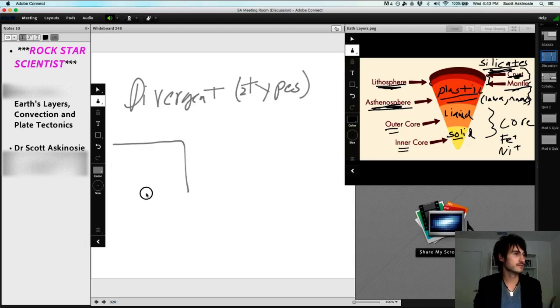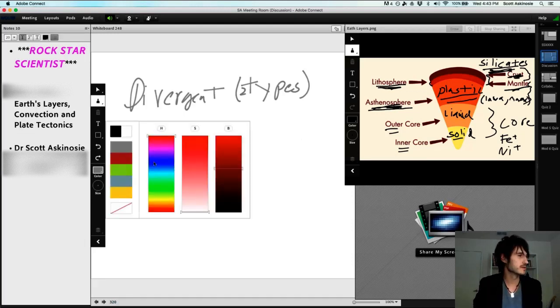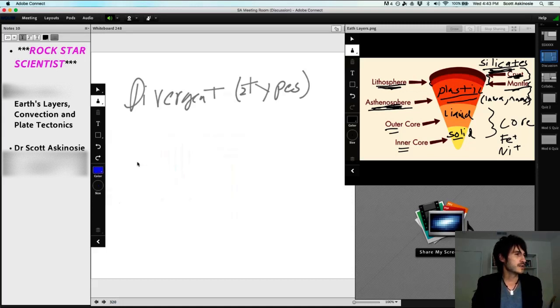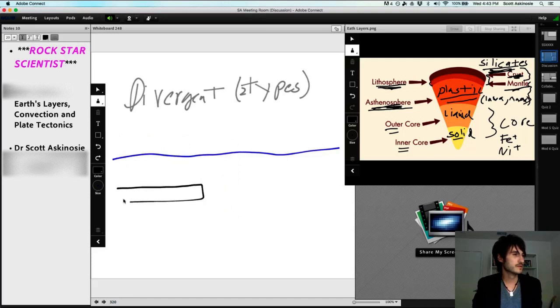And those are continental and oceanic. Let's do oceanic first. Oceanic's more interesting. Okay, so there are areas where we have two oceanic plates that move away from each other.